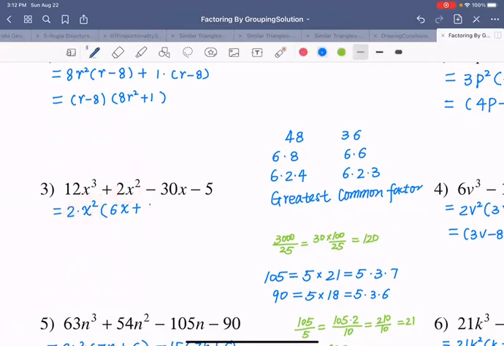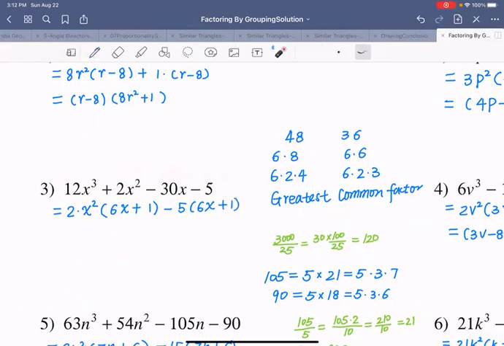1. Okay. Minus 5x. 30x and 5. You want to take out who? 5. Yes, you take out 5. Then this becomes to 6x minus 1. No. I mean, after, plus 1.